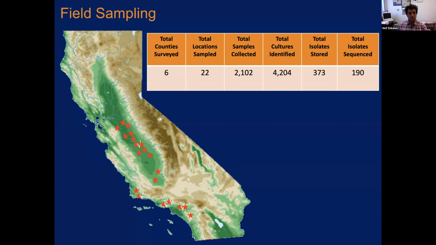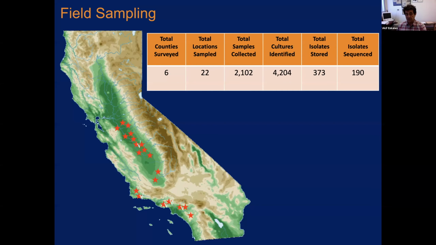So we did a field sampling, or I would say a field survey, with the funding that we received from the Citrus Research Board at that time. We did the survey in 6 different counties, 22 different locations. From that field sampling, we collected more than 2,000 samples.